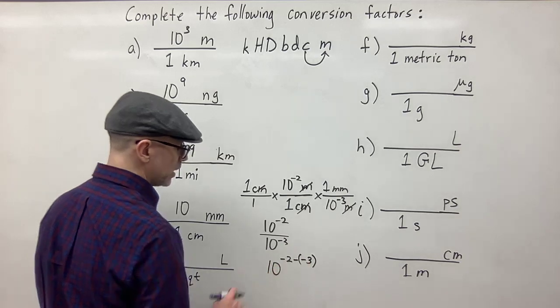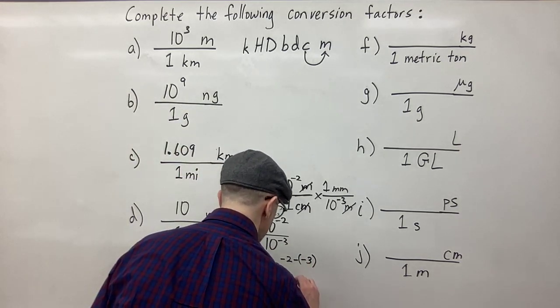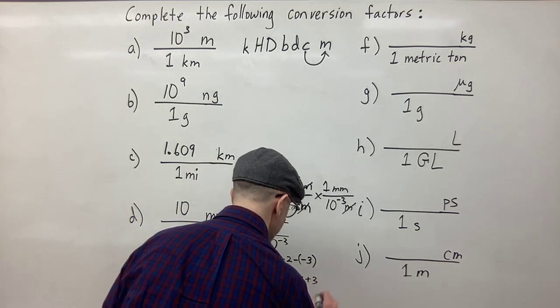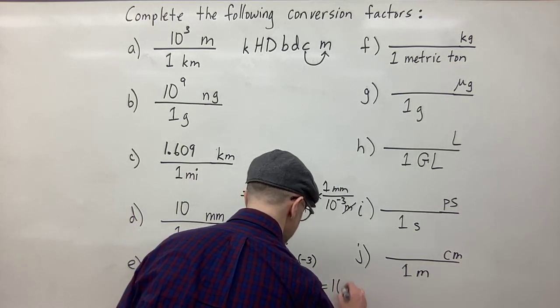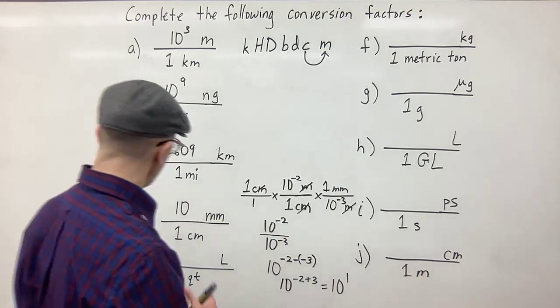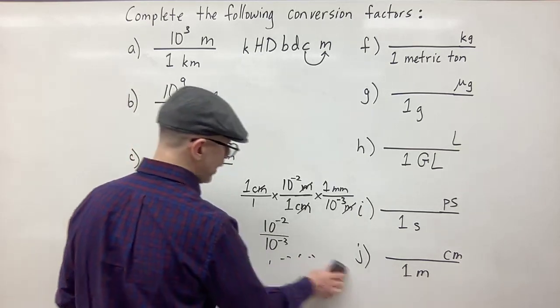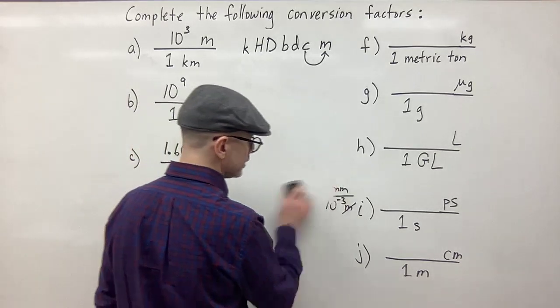Minus and minus becomes a plus. So that's going to be 10 to the negative 2 plus 3. And basically that's going to be 10 to the power of 1, which is 10. So that's what we got before. So there's a couple of ways to go about doing that.